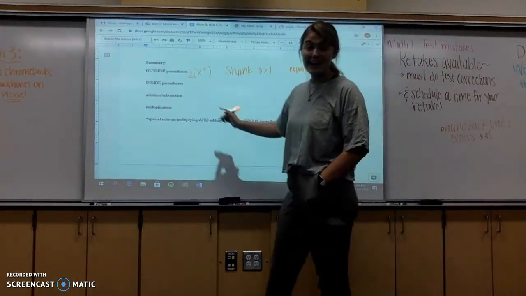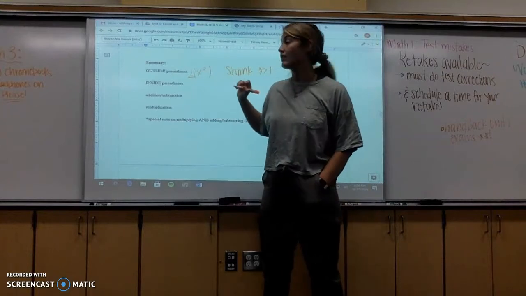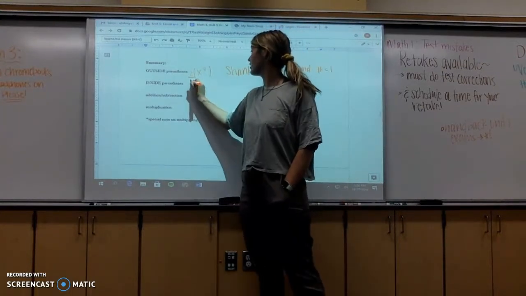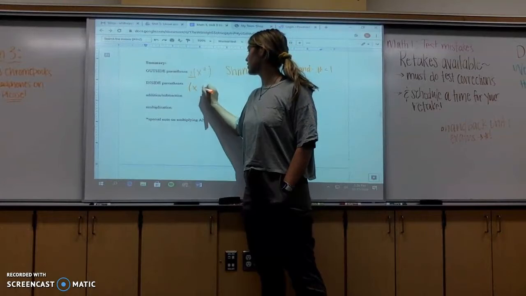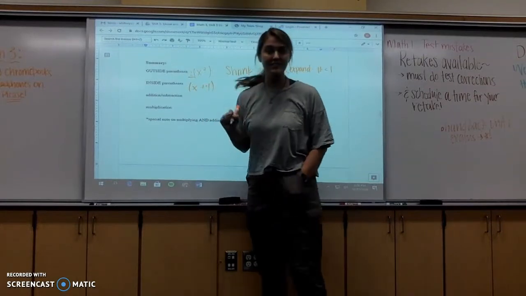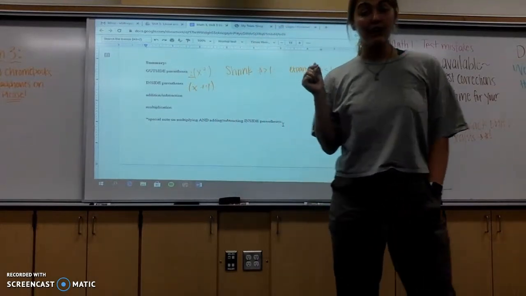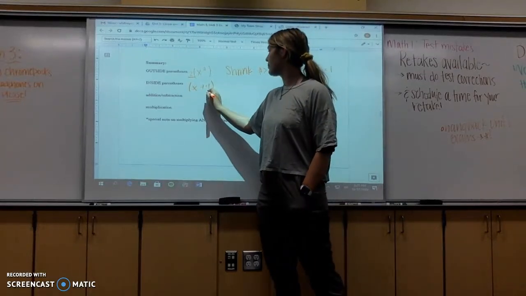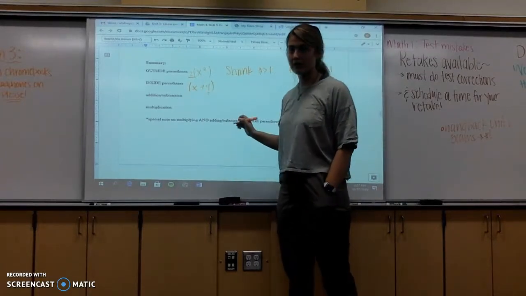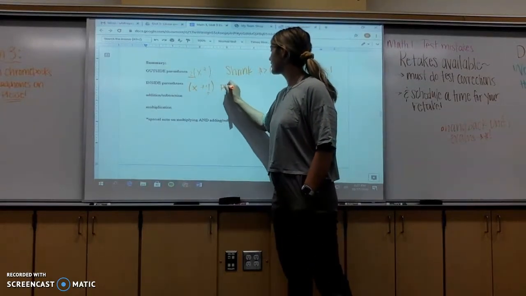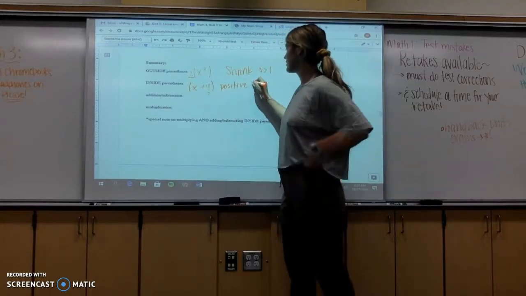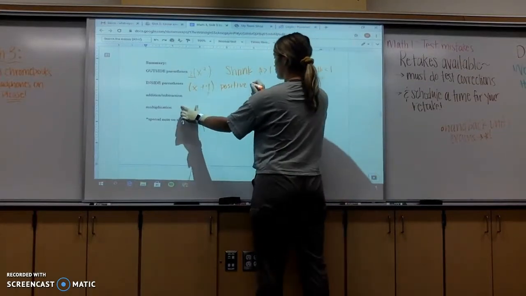All right, so inside the parentheses is when we add or subtract. So, for example, if we did x plus 4, it's inside the parentheses. What happens there is we move left or right. So if this is a positive number, we move to the left.